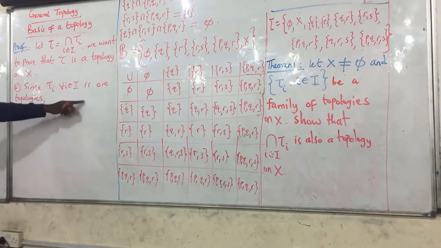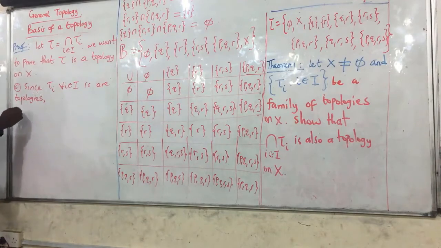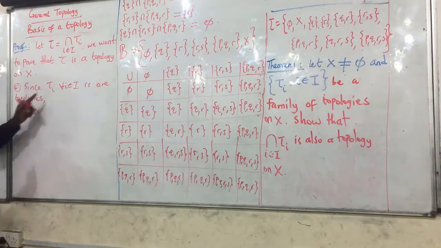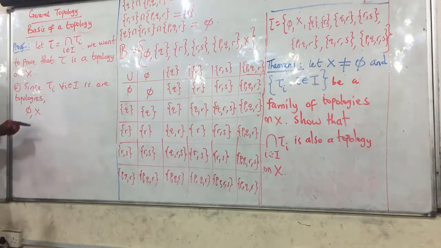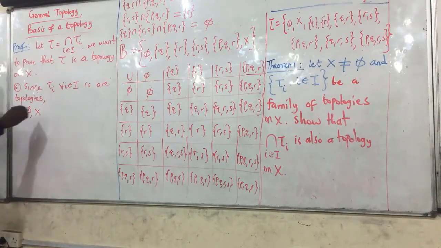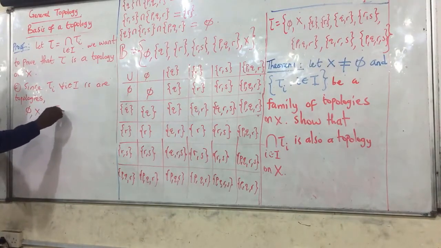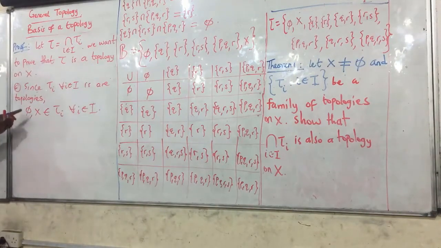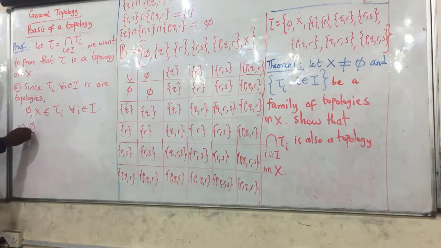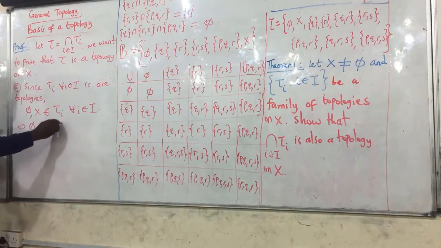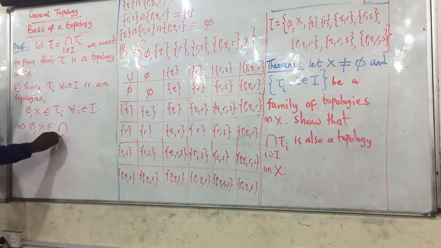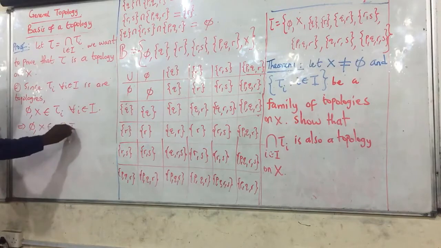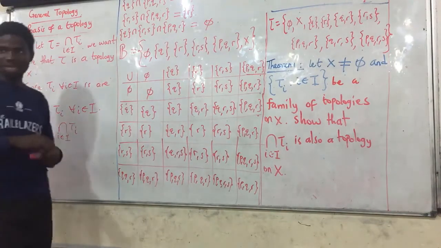Since all the Ti are topologies, from the definition of topology, it means that the empty set and the whole set are inside all those Ti for all i. And if the empty set and the whole set are in Ti for all of them, it means that they will also be in their intersection. Do you get that?